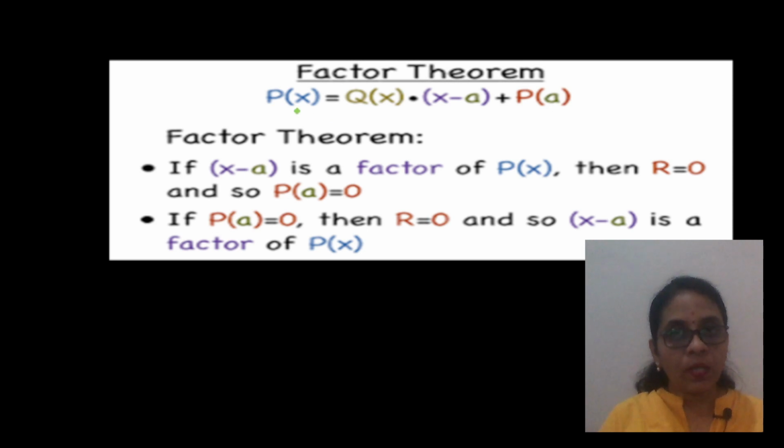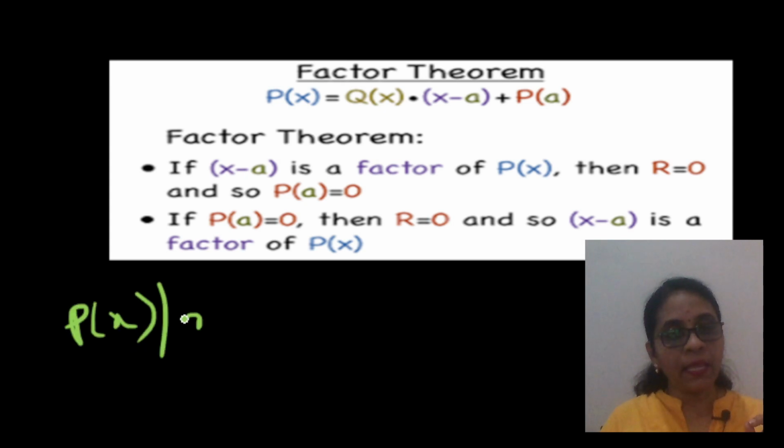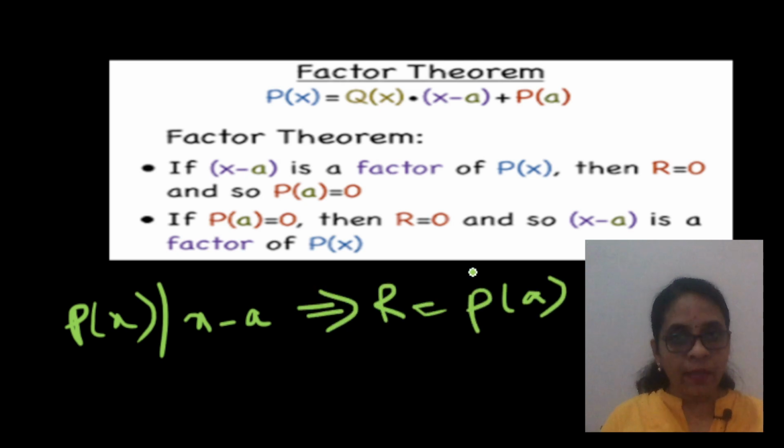We also learnt in the remainder theorem that if a polynomial is divided by x minus a, the remainder is p of a or f of a. Now here if x minus a is a factor of p of x, then r is equal to 0, and so p of a will also be equal to 0.